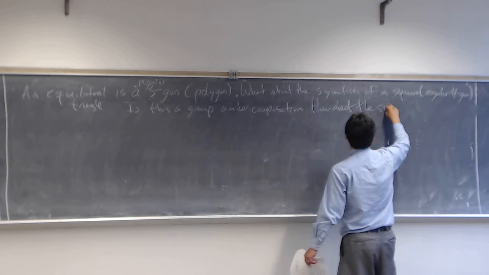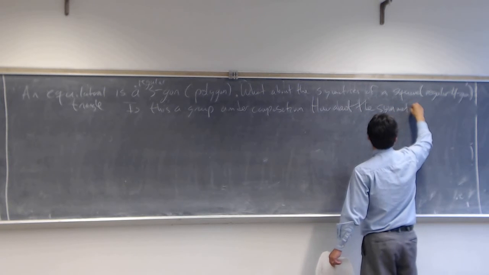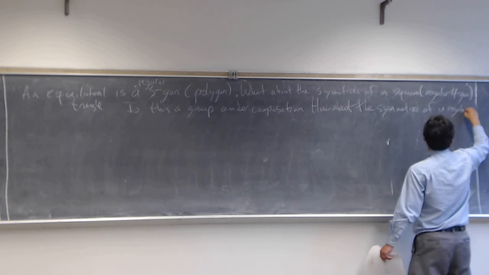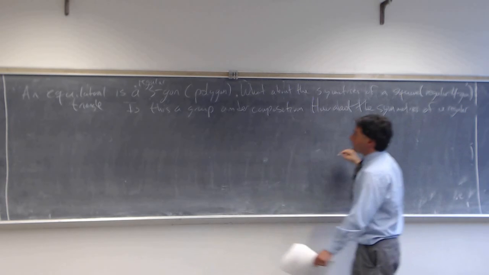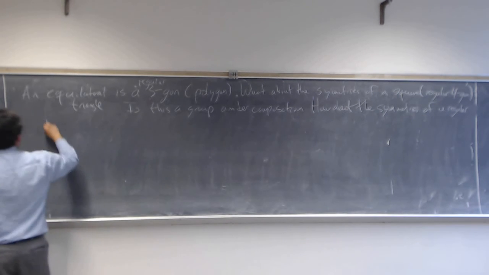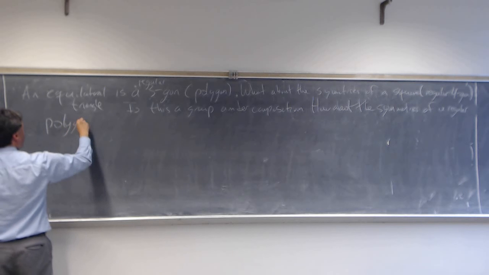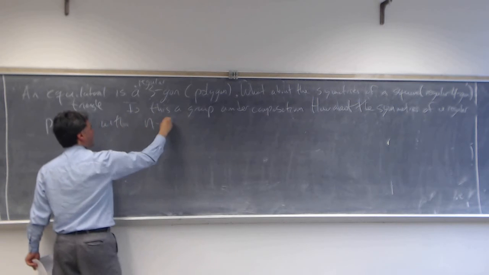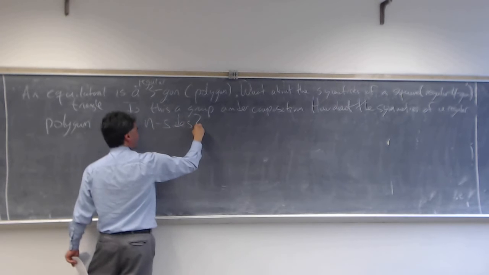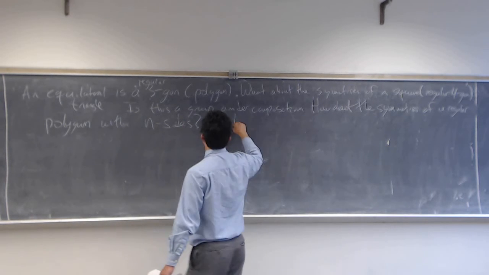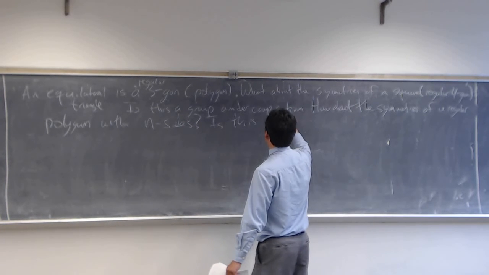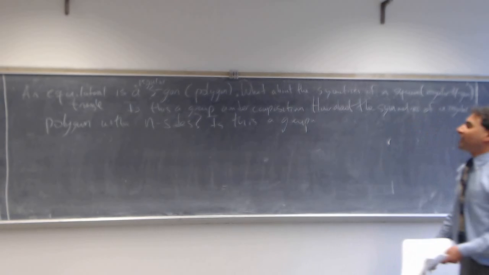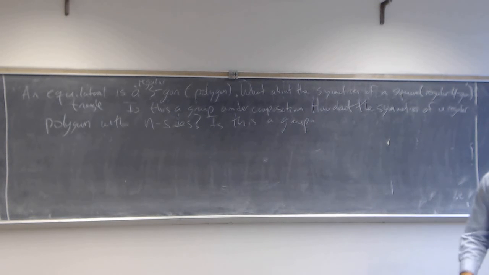How about the symmetries of a regular n-gon, a regular polygon with n sides? Is this a group? And then in each case, how many elements did we have?